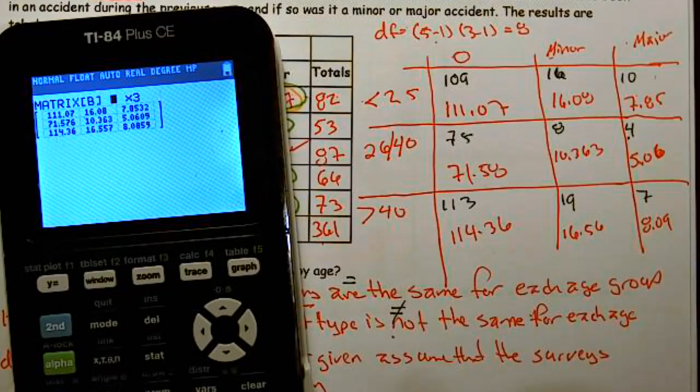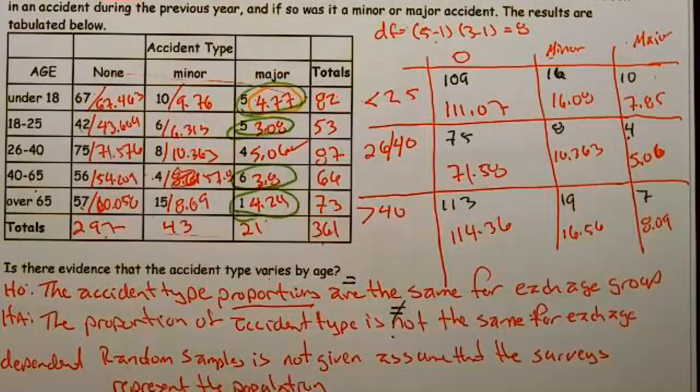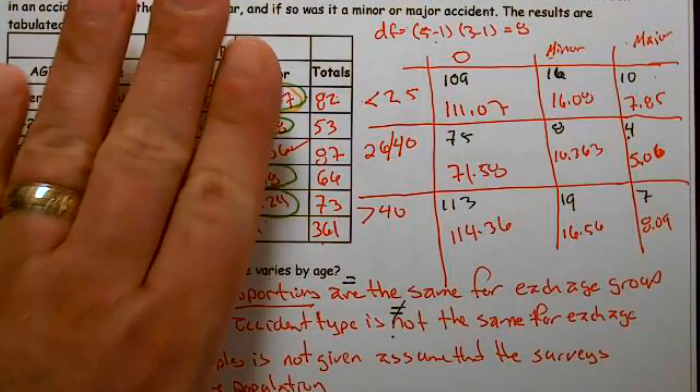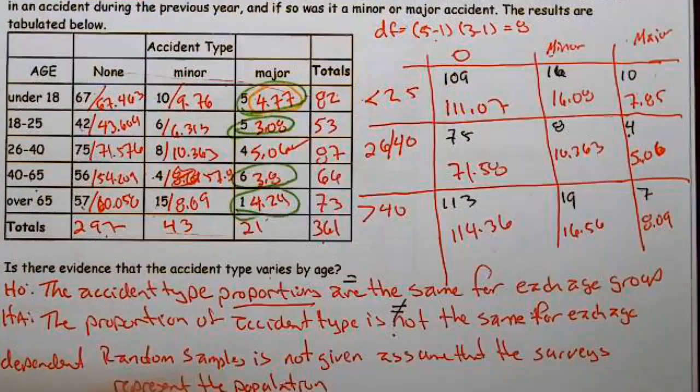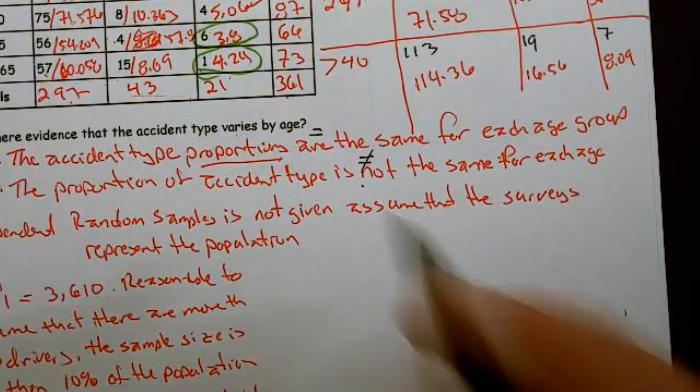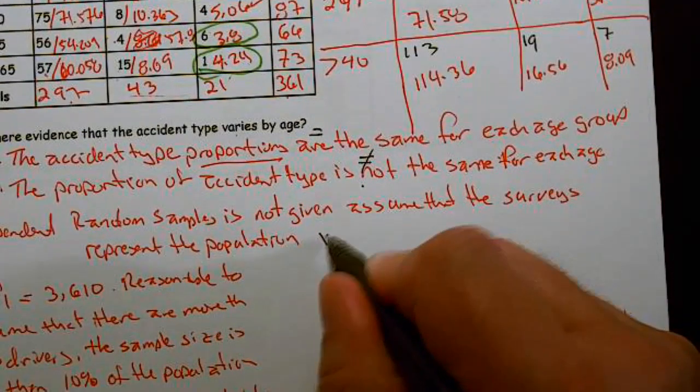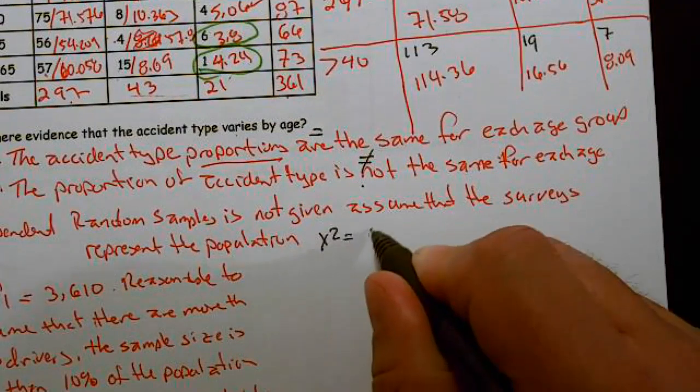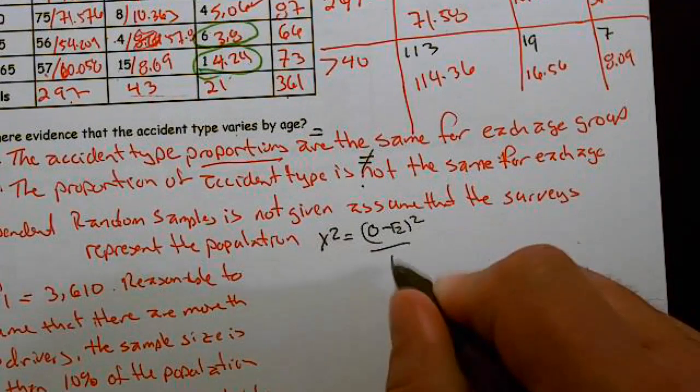All right. So now we've satisfied our expected value condition. This did not satisfy it, but when we combine them together, that did. So we're doing a chi-squared test. Chi-squared equals observed minus expected squared over expected.